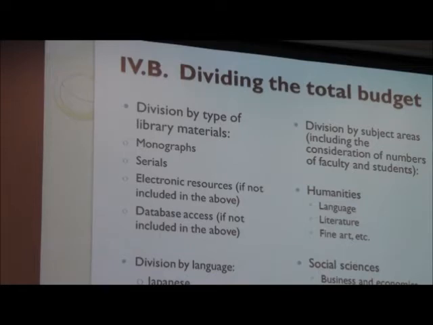And also, you can divide by subject areas, including consideration of the numbers of faculty and students in that subject area. For example, humanities and social sciences, and all these small subjects underneath humanities and social sciences. I didn't mention science, but science history quite often is in our hands.